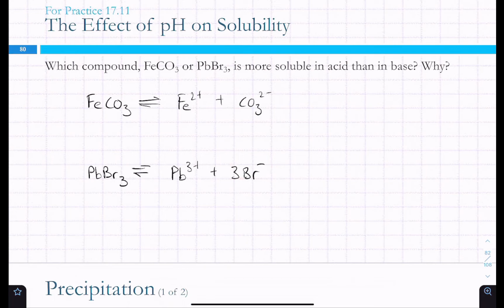So let's assume that there's lots of acid. So we're in an acidic solution. What is that going to do with carbonate?